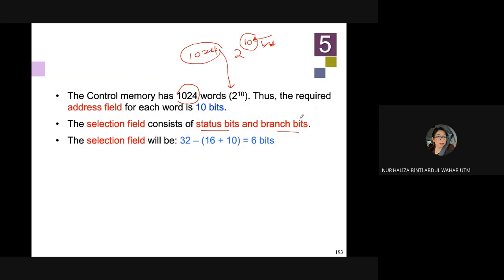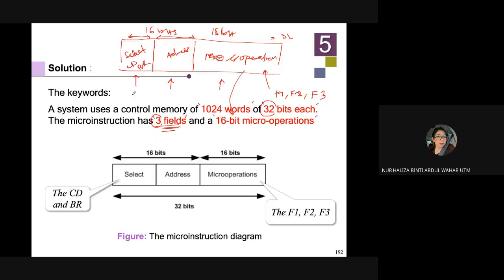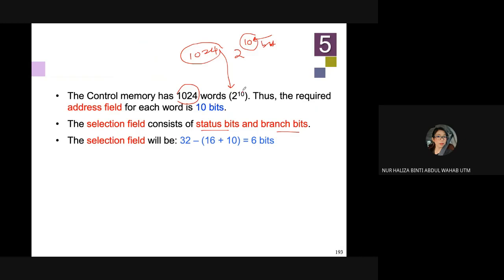How are you going to get the selection bits? This one is from this value. This one you can see you have a total of 10 bits, and you have 32 bits. You already occupy 16 bits for your micro operation, and now you have another 10.